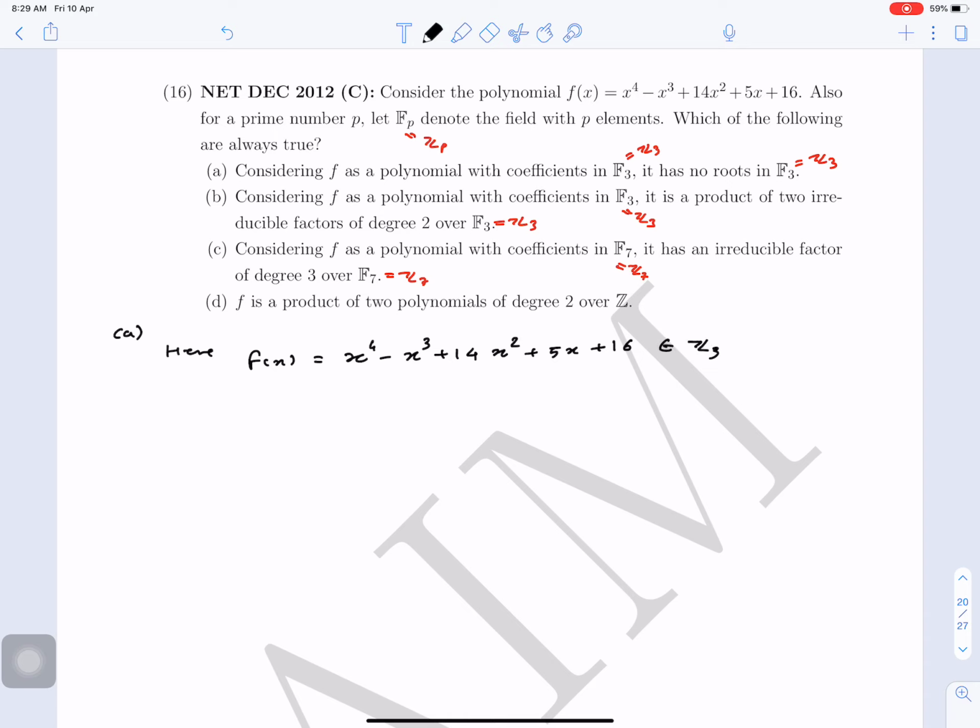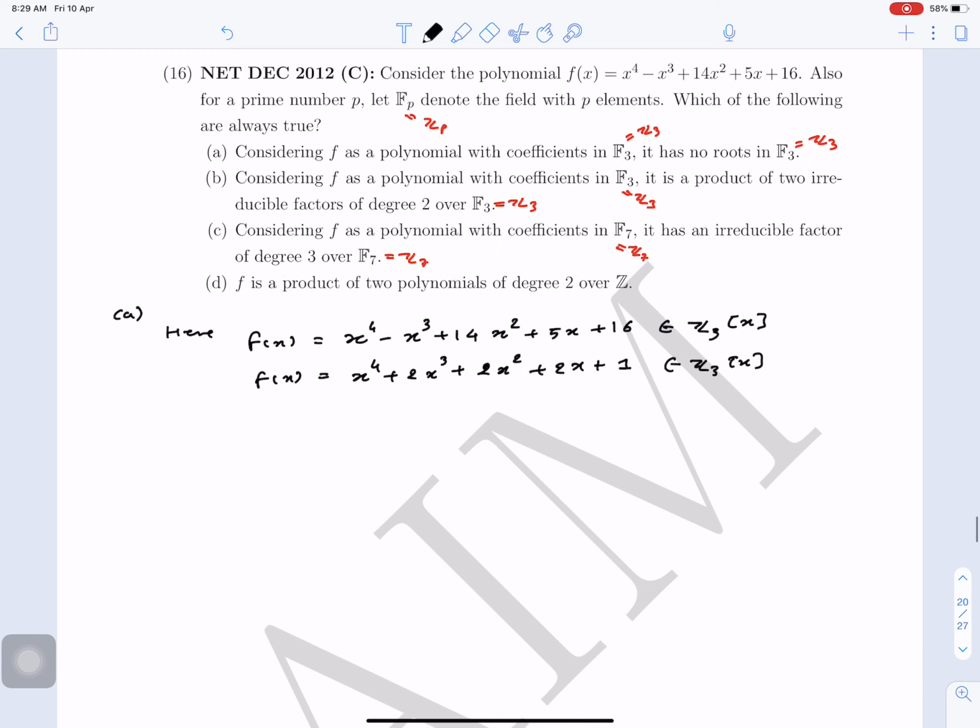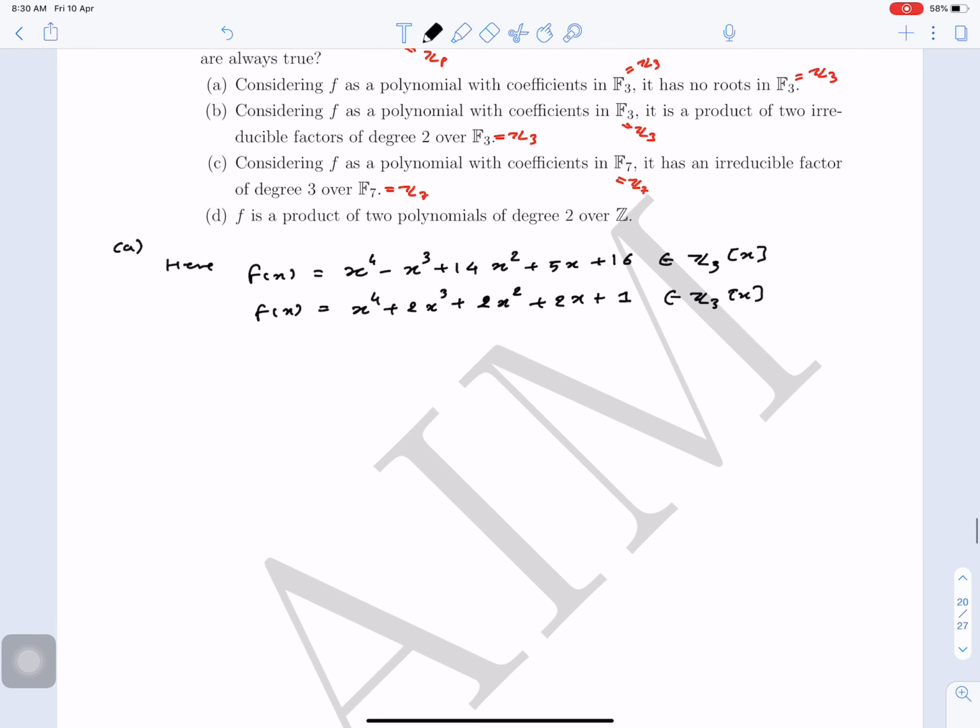So let me consider it over Z3[x]. Then our f(x) will be, in Z3, x raised to 4 plus 2x cube plus 2x square plus 2x plus 1. So this is in Z3[x]. You reduce the coefficients modulo 3. So we have this.